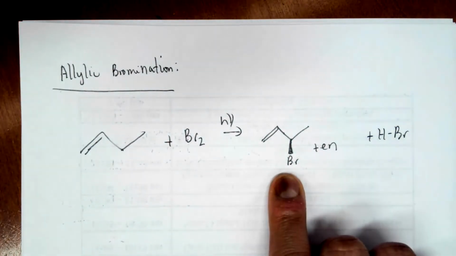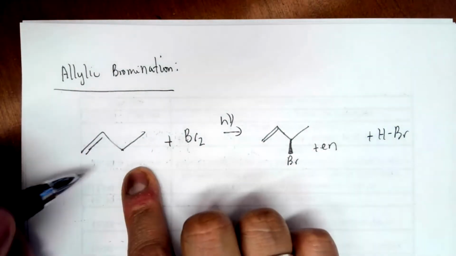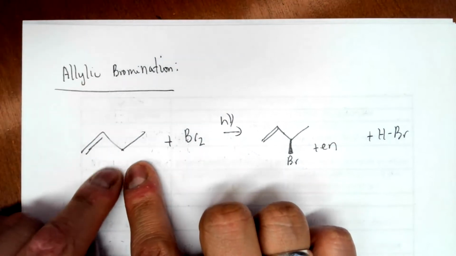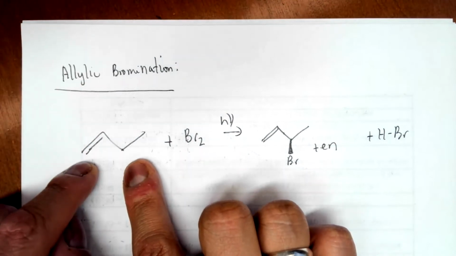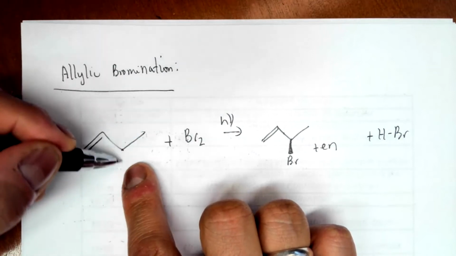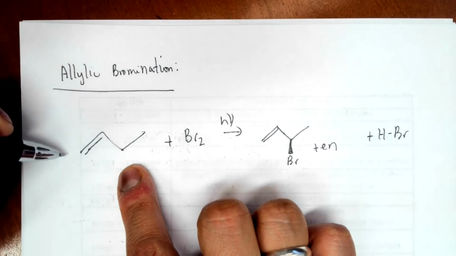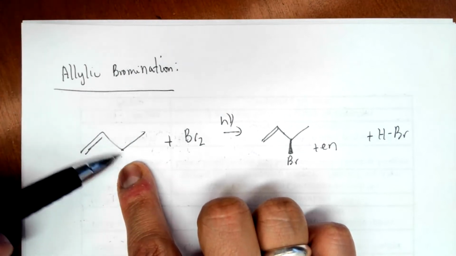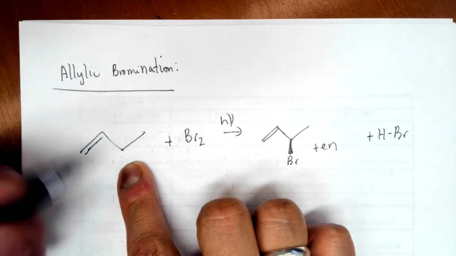Why here? Because that's my weakest bond, right? Remember that the radical will always target the weakest bond that is present in my substrate. In this case, I have a primary CH, secondary CH, secondary CH, secondary CH. But this secondary CH is resonance stabilized because it will be a radical next to a double bond. That is my most stable.